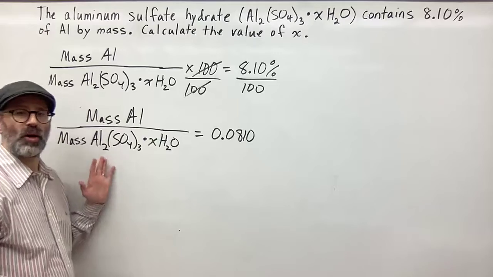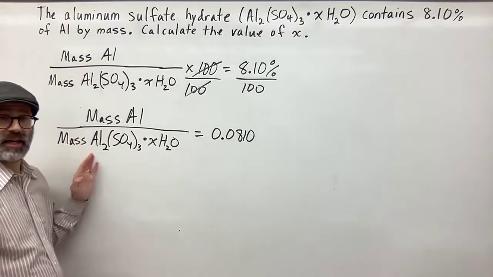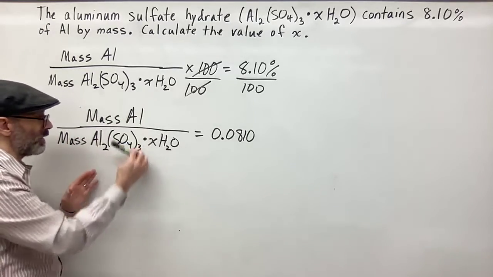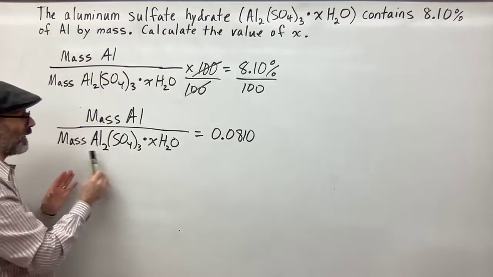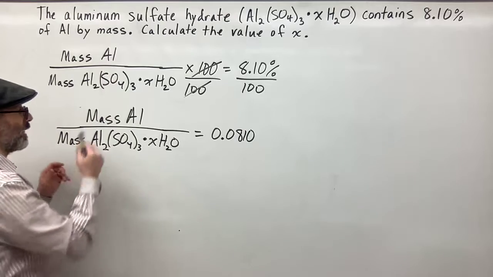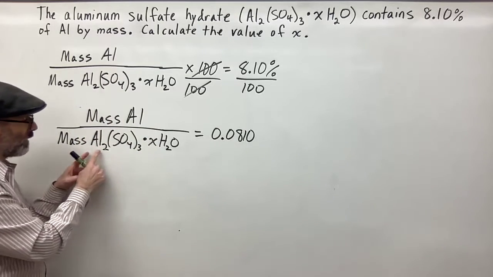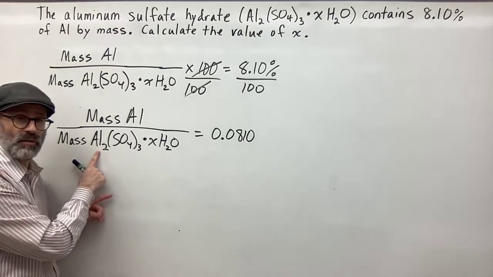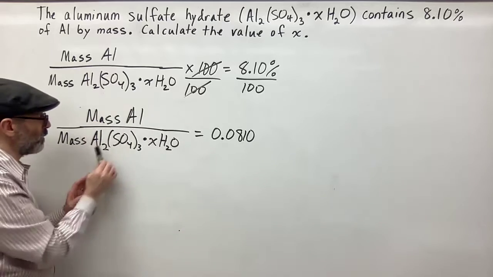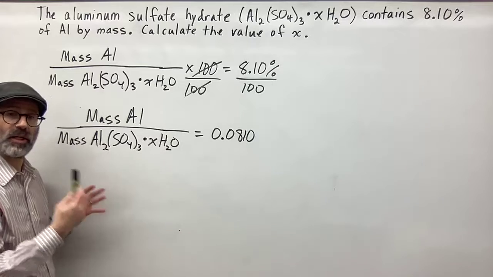Okay. Now, we've got a ratio here, and it's equal to this. So if we assume 1 mole of the original substance, then for the percentage, we can use molar masses as the ratio. So I can calculate the molar mass of this, right? And I can calculate the molar mass of the aluminum in here. Now, keep in mind that I have 2 aluminum atoms here. So the total mass of the aluminum is going to be due to the 2 aluminum atoms. So it's twice the molar mass of aluminum.